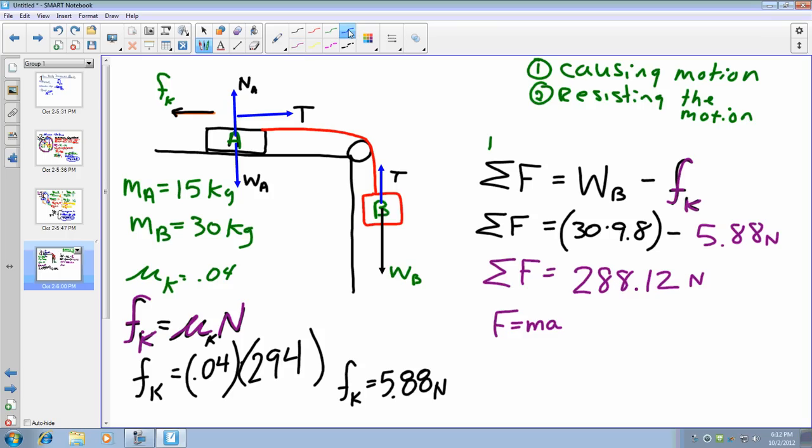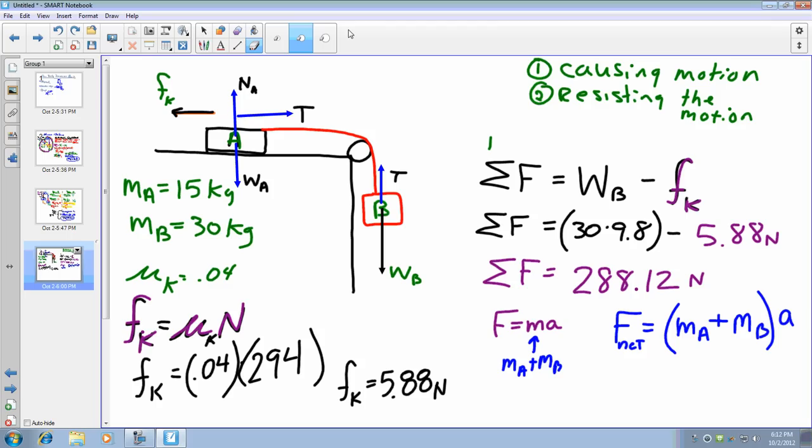Now remember, F equals ma, that special Newton's second law, one of my best friends. We can plug those numbers in now. Again, this is not just m by itself, but ma plus mb. It would do us good to write that entire equation down. F net is equal to ma plus mb multiplied by the acceleration.